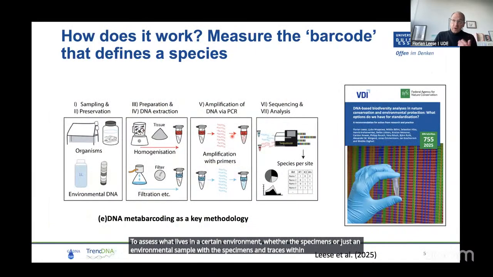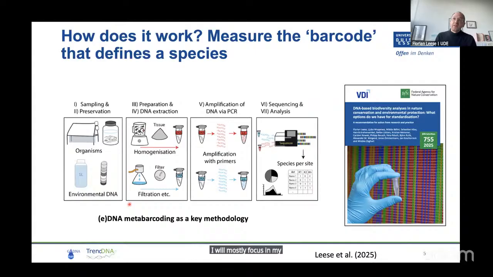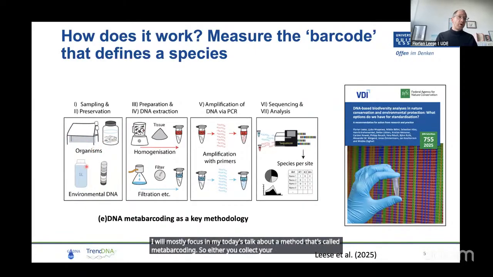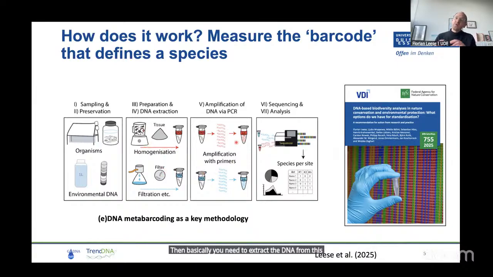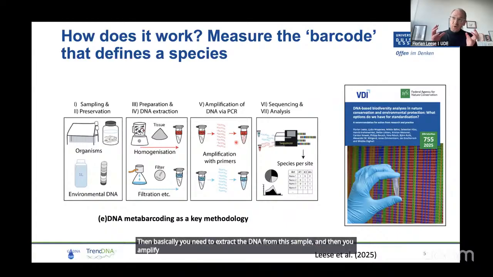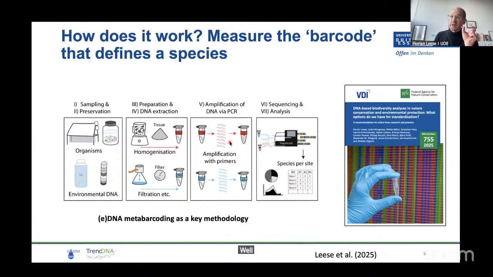I will mostly focus in my talk today on a method called metabarcoding. So either you collect your organisms in traps or you collect water or sediment from a stream or from the marine realm. Then you extract the DNA from this sample and amplify the DNA contained within it using a polymerase chain reaction, in order to measure which species are in there through a certain well-defined standardized genomic region, which is called the DNA barcode.